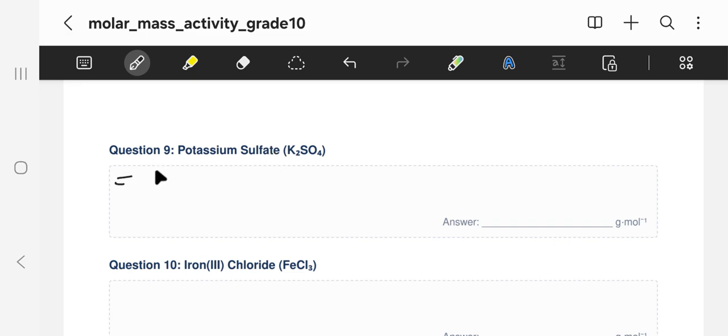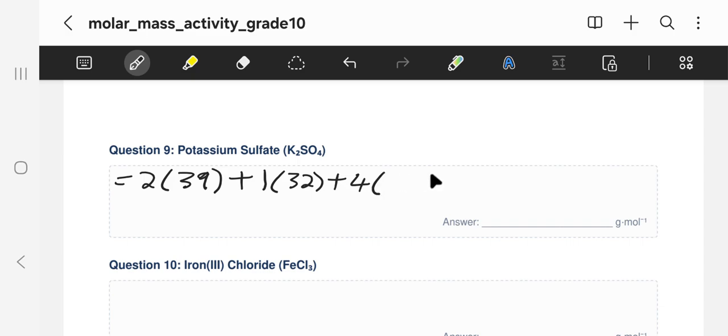Okay, so for this one we have how many oxygens? How many potassiums? K is potassium. We have 2 multiplied by the mass of potassium, and the mass of potassium is going to be 39. And then we say plus how many sulfurs do we have? We have 1, and the mass of sulfur is 32, plus how many oxygens do we have?